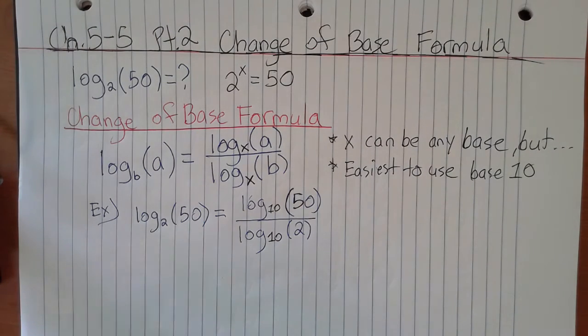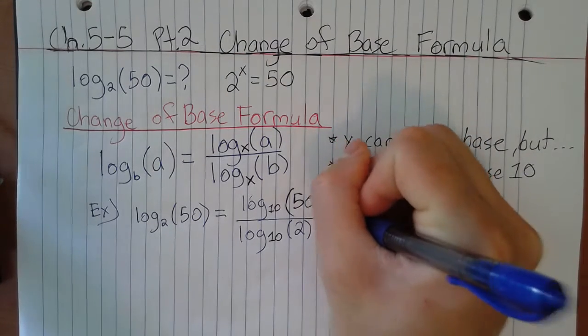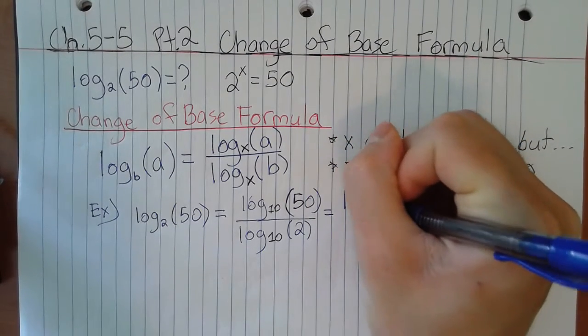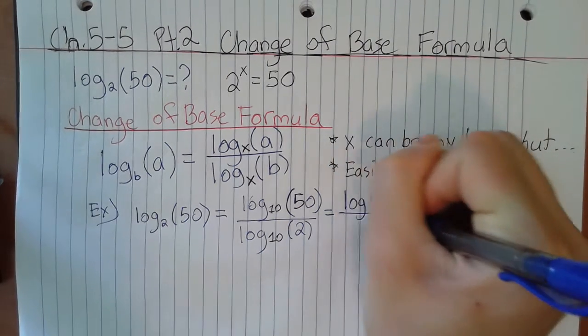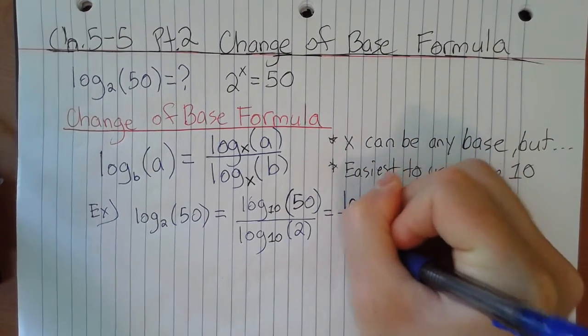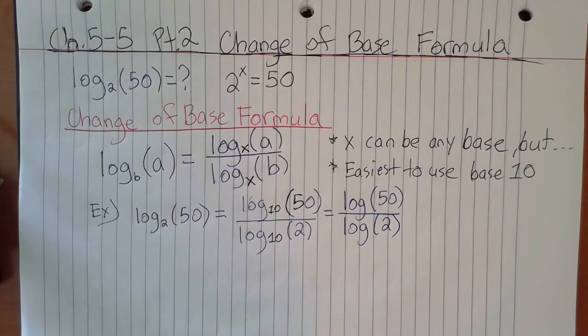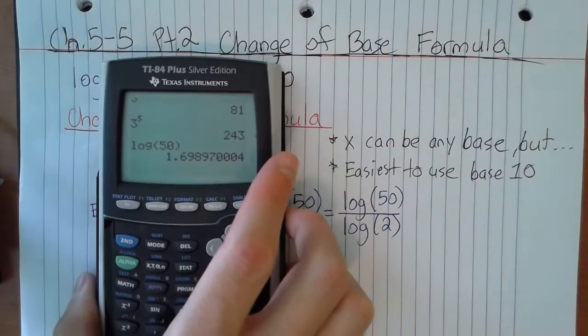And that would end up giving our answer. So what we're going to enter in our calculator is log button 50 divided by log button 2. And let's grab our calculator.